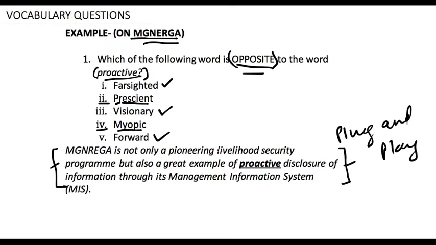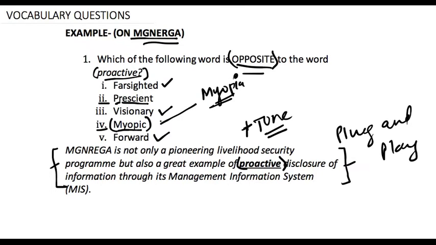MG Narega is not only a pioneering livelihood security program but also a great example of proactive disclosure of information through its MIS. So we see that the sentence has a positive tone. So proactive here means something very positive, whereas myopic, if you understand, there is a disease called myopia.